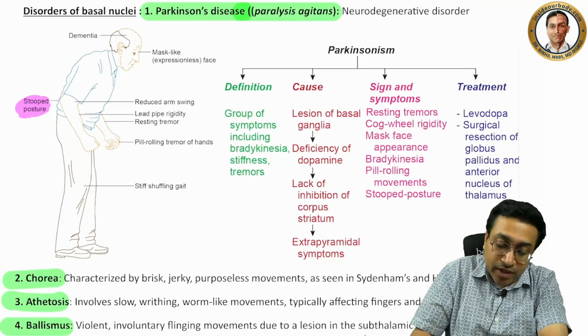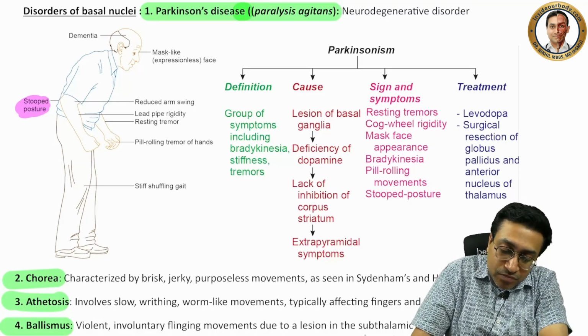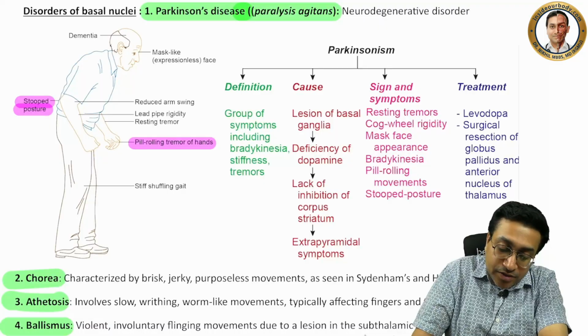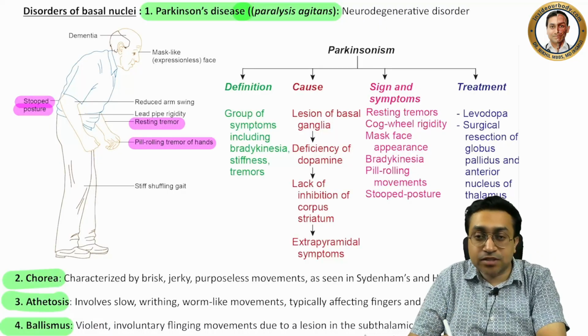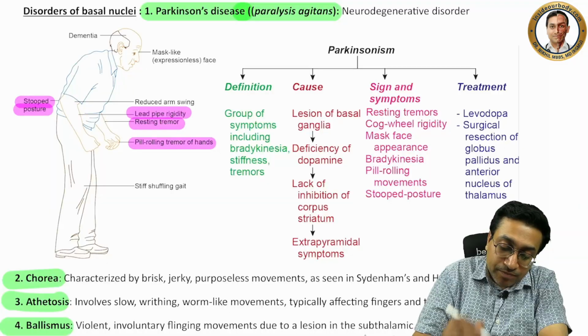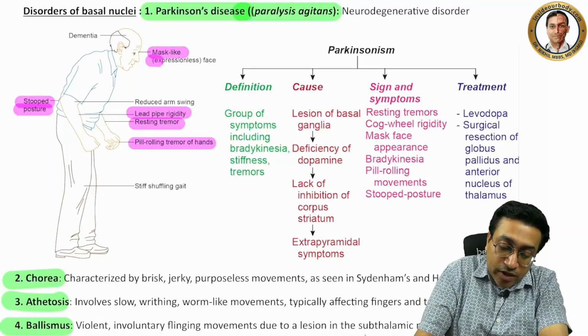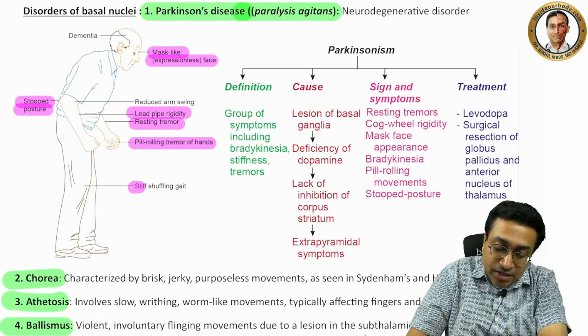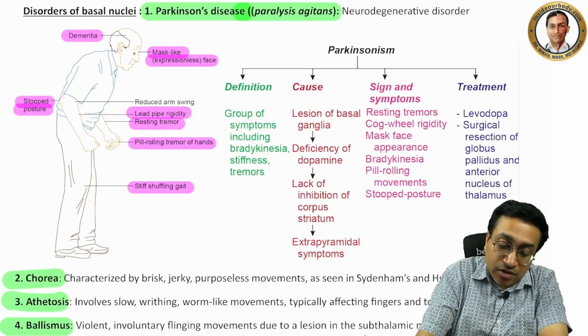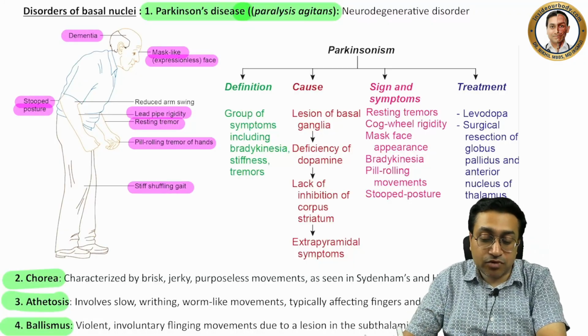Then there are pill-rolling tremors of the hand, resting tremors. Basically Parkinson's is famous for resting tremors. Then lead pipe rigidity, mask-like or expressionless face, stiff shuffling gait. Okay, dementia. So these are the few most important areas which will be tested in your exams.